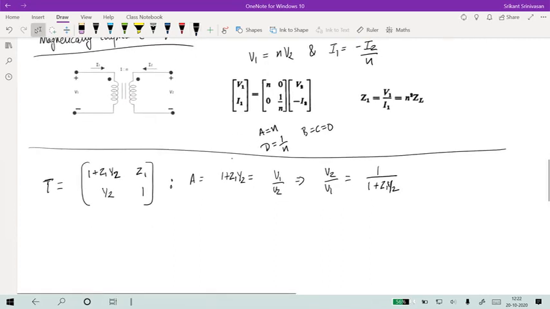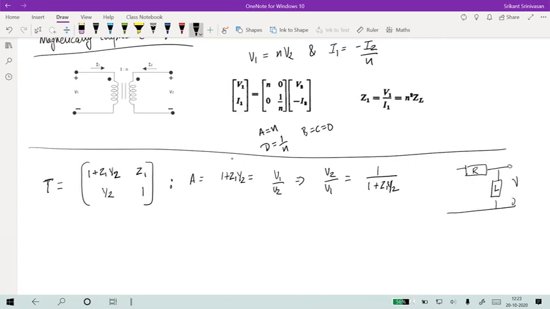If this were an RC circuit or an RL circuit, then what will happen? If my circuit looks like this, this is R, and I'm taking the output across an inductor, I already know this is a high pass filter, right? And remember we are working with network functions. So this V2 by V1 is a network function, H of S is V2 by V1.